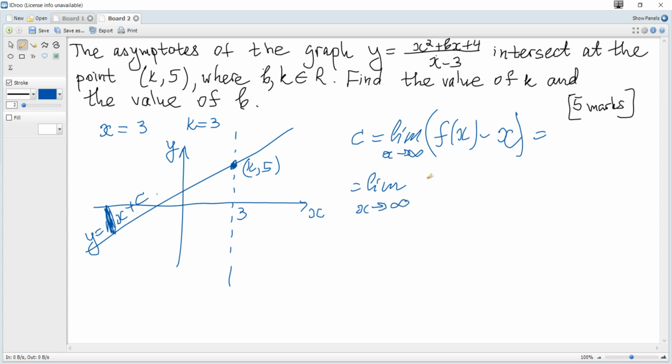it is equal to x squared plus bx plus 4 over x minus 3 minus x, and make a common denominator.